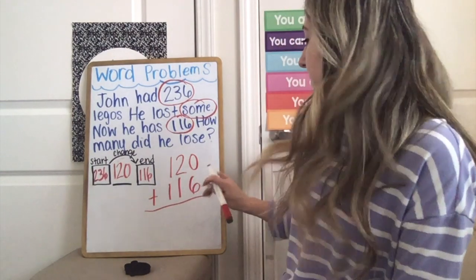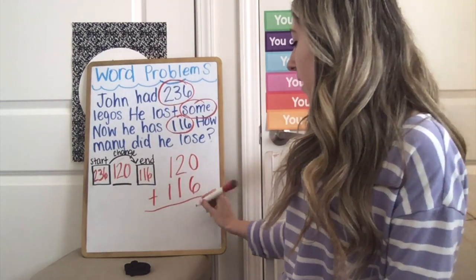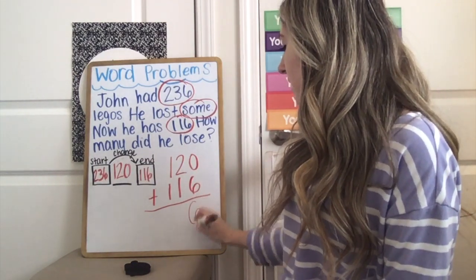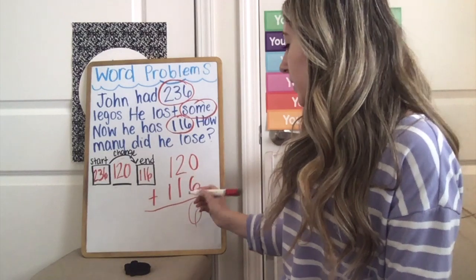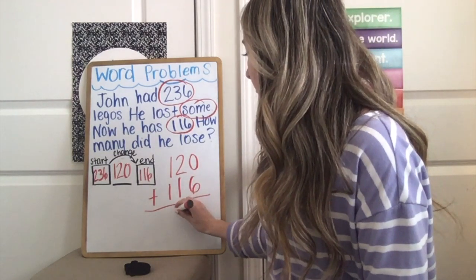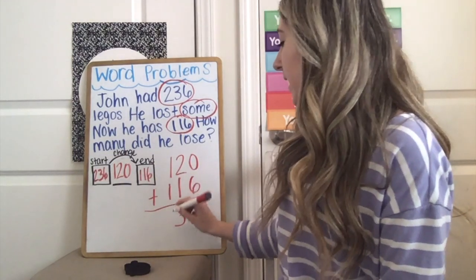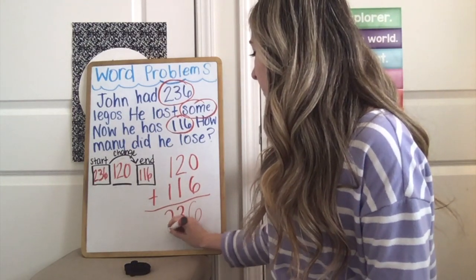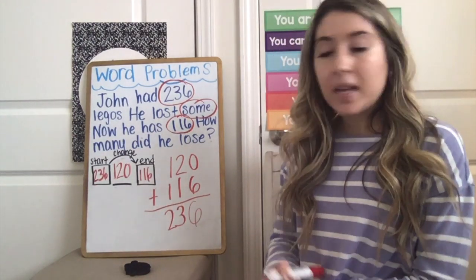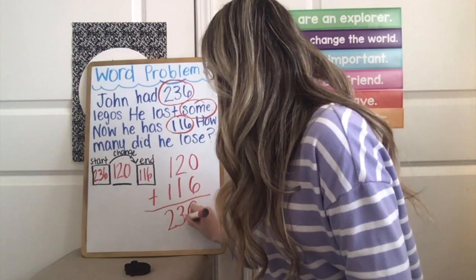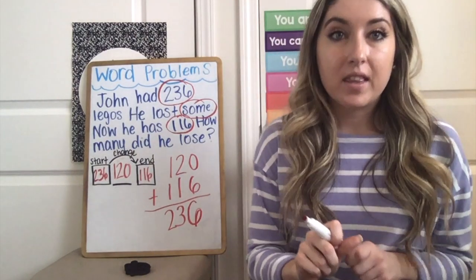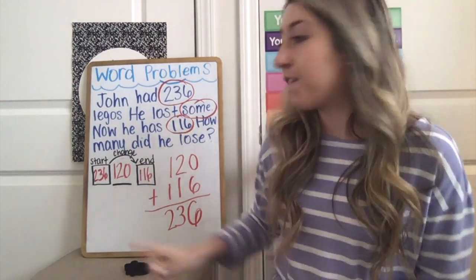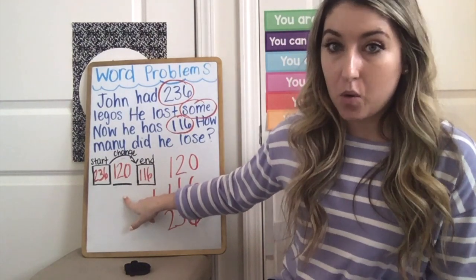Let's see. 6 plus 0 is 6. 2 plus 1 is 3. And 1 plus 1 is 2. 236. So that's one way I can check when I'm subtracting to find the change or the unknown.